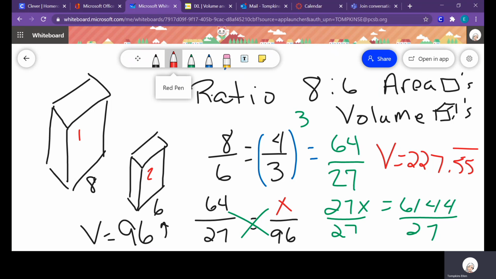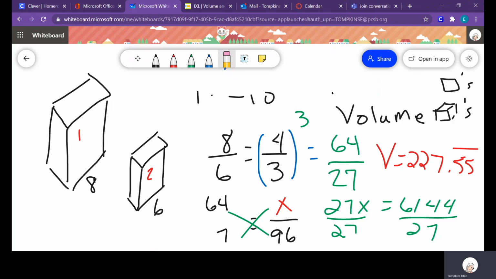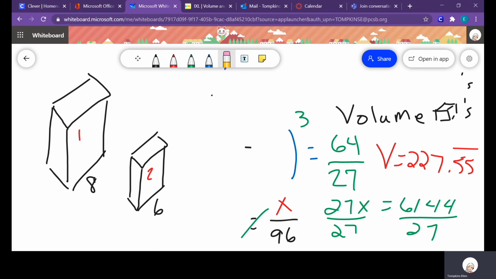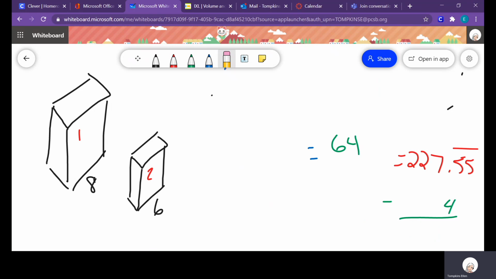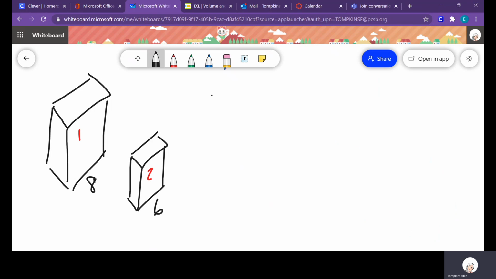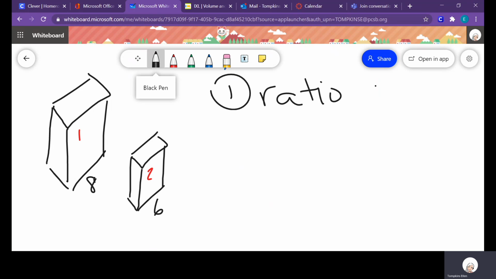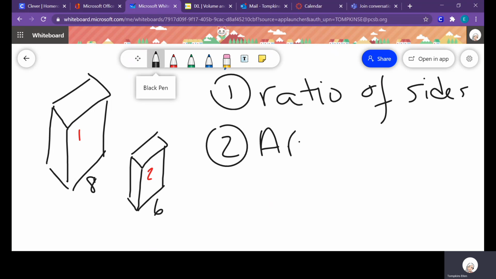There's a bar over it. All right, so let me give you the big tip, the key concept basically for this one. When you're looking for area, surface area or volume of similar figures, you do the ratio of the sides given, and then if it's area, you square it.